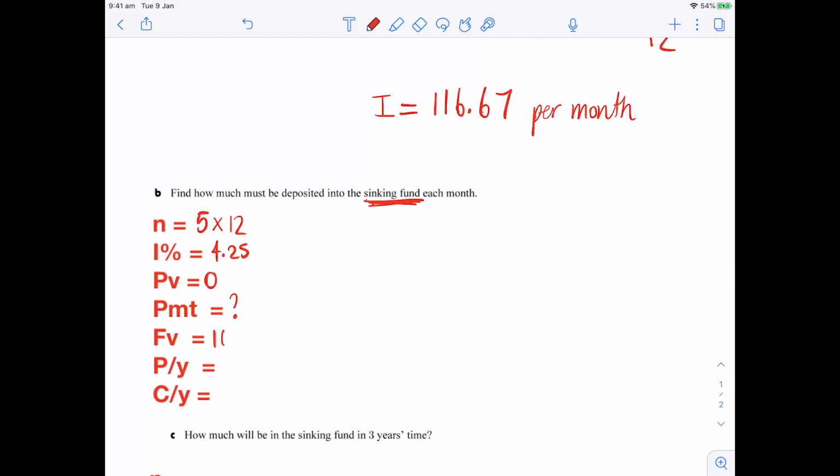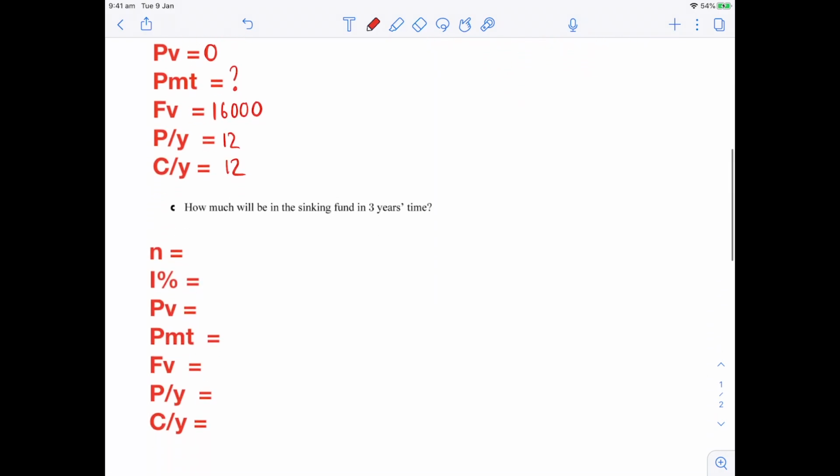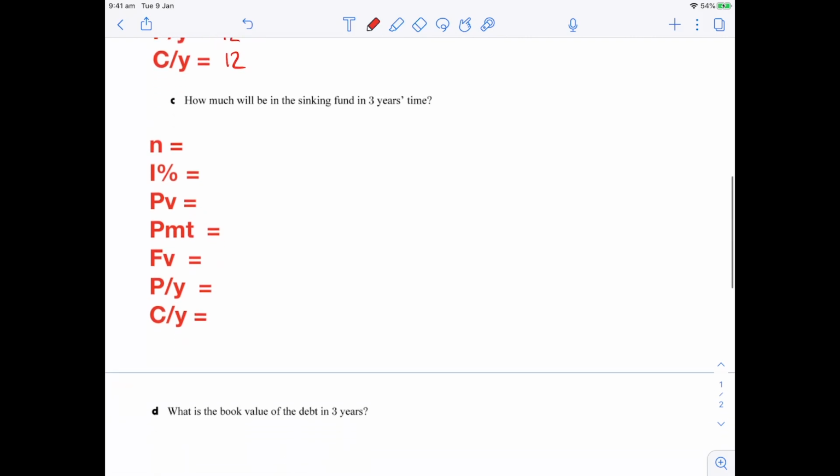I need my future value to be 16,000, and both of these are 12. When I put all of that into TVM mode, my payment comes out to be $239.81.